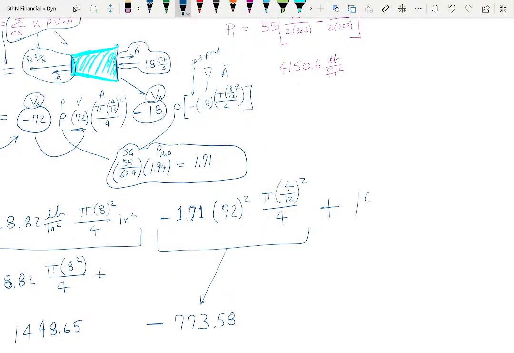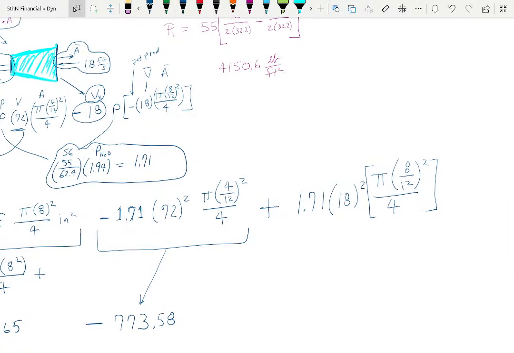And then plus 18. Oh, I better put the density in there first. 1.71 times 18 squared times pi 8 over 12 squared, all that over 4. Now, you might get upset about that, so I'm going to put a bracket around it.